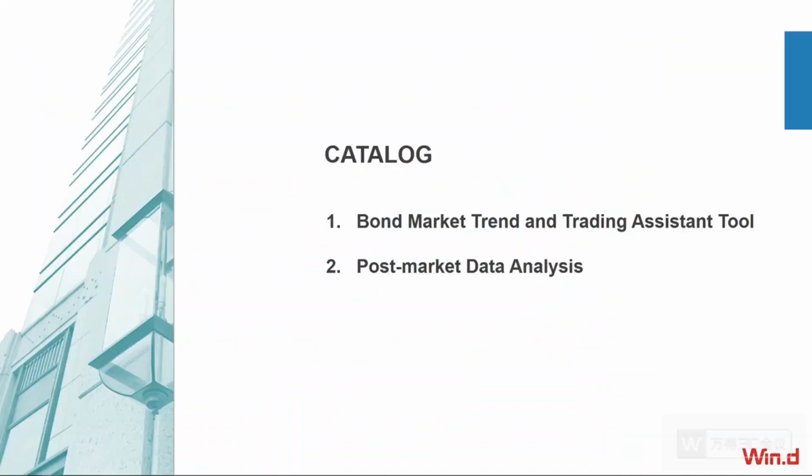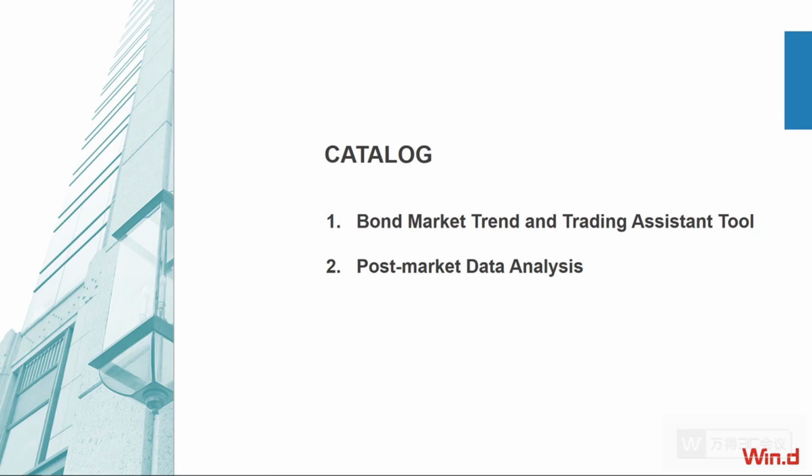In today's training, we will introduce the functions related to bond trading and post-market analysis. It will include two parts, which will allow market participants to work more efficiently. First of all, we will introduce how to monitor the market trend in the interest rate bond market and learn how to use the assistant tool for calculation.